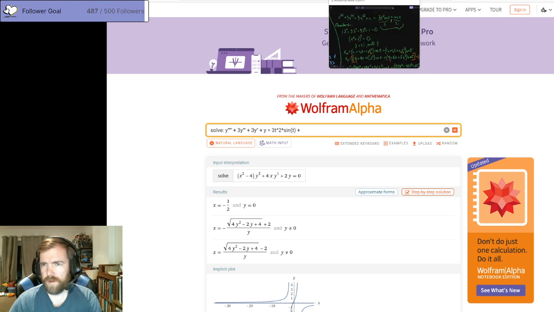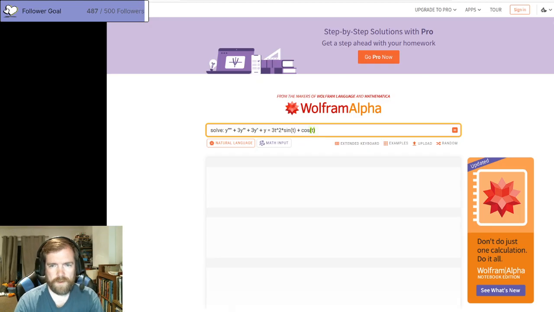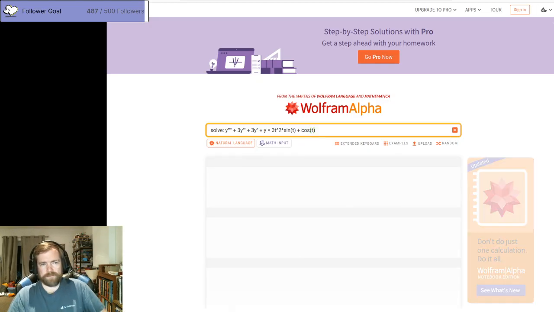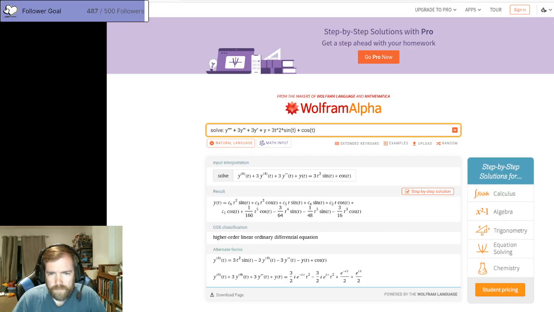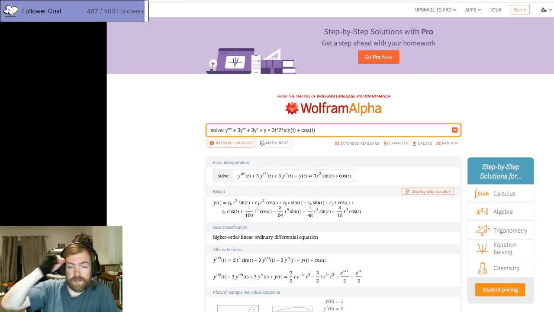Plus cosine t. I did that. Yep. So we've got our C1 through C6, which are showing us the homogeneous solution, or null space solution, which are, as I said, polynomial times sine and cosine.